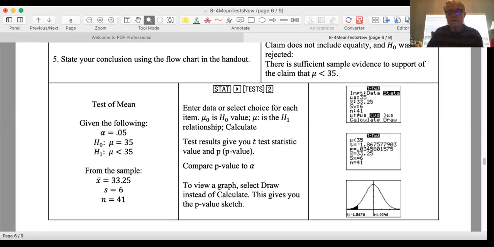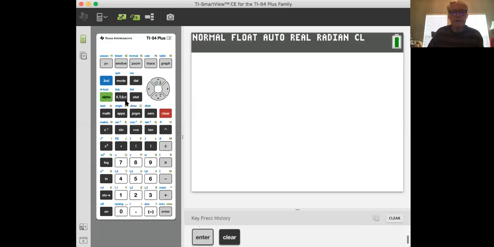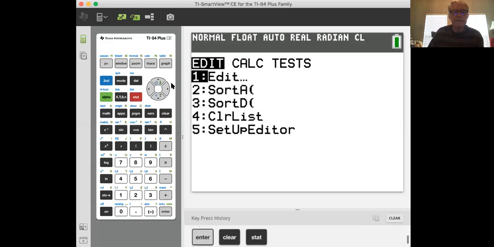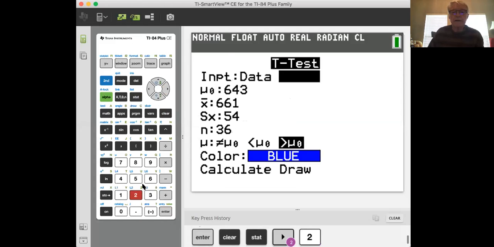So let's go back to the calculator. And let me clear that out. And remember, the test of the mean is stat, right arrow to tests, and it's number 2. And we're going to go down to the mu0, which was 35.